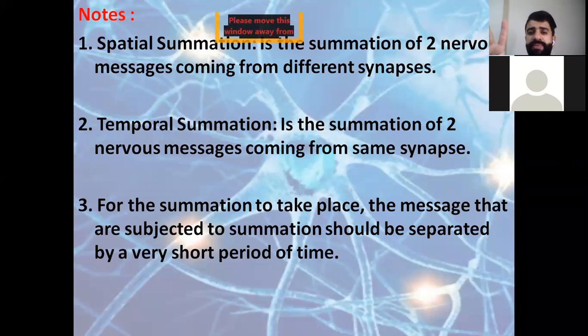Spatial is the summation of two nervous messages coming from two or more different synapses. Temporal summation is the summation of nervous messages coming from where? From the same synapse. For the summation to take place, either temporal or spatial, the messages should be separated by a short period of time. So the messages that are subjected to summation should be separated by a small period of time.